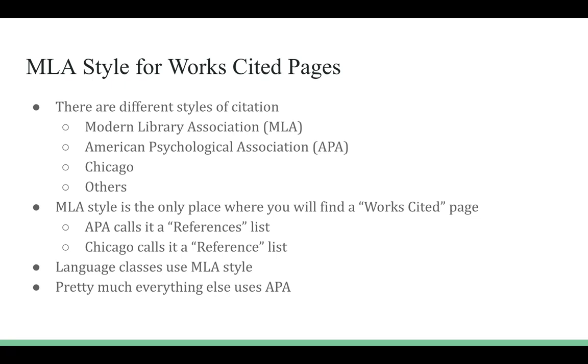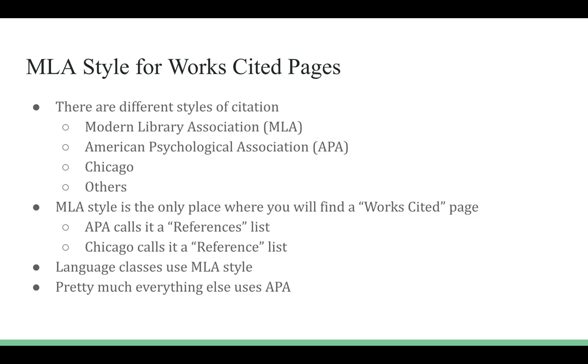The other two most commonly used style sources are American Psychological Association style, called APA style, or Chicago style. There are others out there, but they are not at all frequently used unless you get a nutball professor in college saying, hey, I want you to use this. You're not even going to have to worry about it. So I just mentioned those three because those are likely something that you could come across in college.